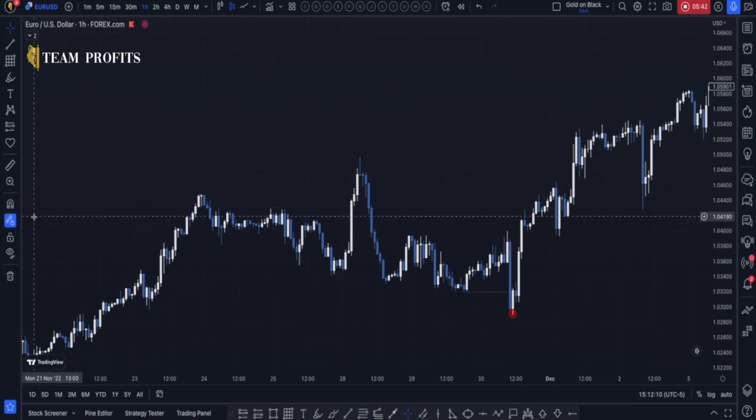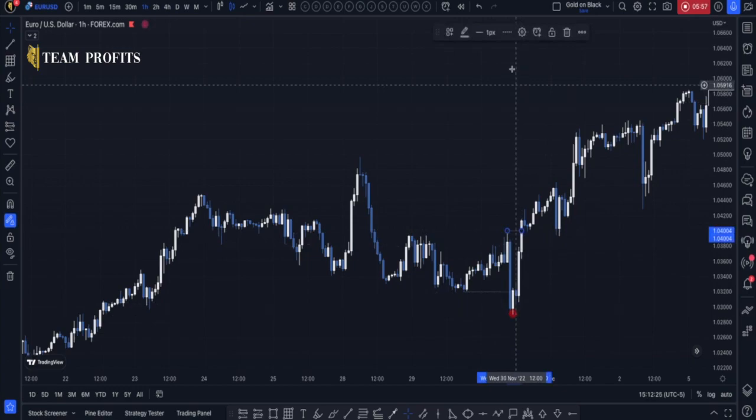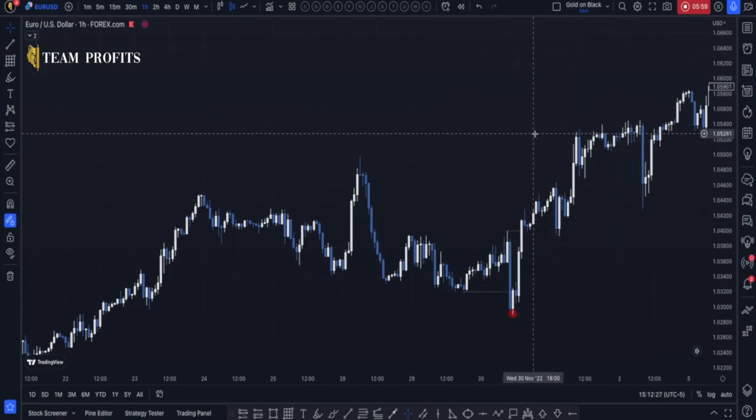The market just broke that first to the downside, and then decided all of a sudden to start breaking back up. As a smart money trader, this would be considered a change of character. This is the last BOS to the downside, and then a change of character. But we're just going to be paying attention to the structure.